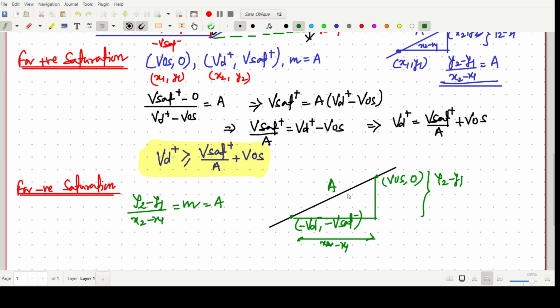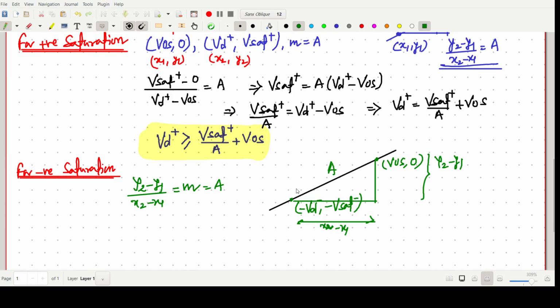Now, suppose this one is our x1, y1 coordinate, and this one is x2, y2 coordinate.